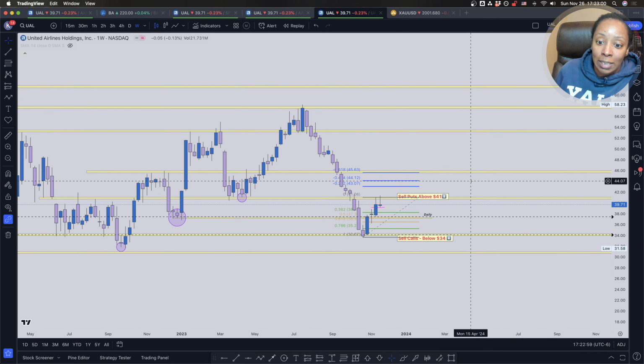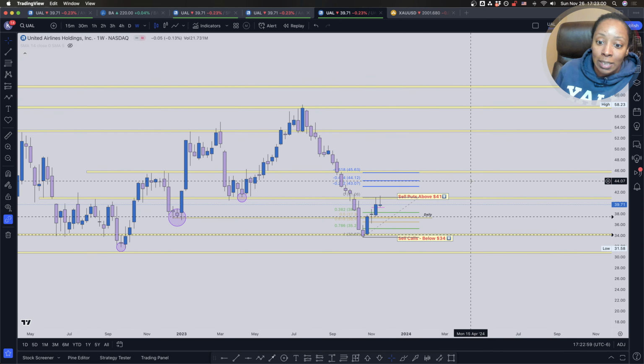So anyway, I don't really see anything. Let me just jump down to the 1 hour outside of what it could possibly do. Right now it rejected this level twice. So if it comes below here, it does have the possibility to come down to 38.55.